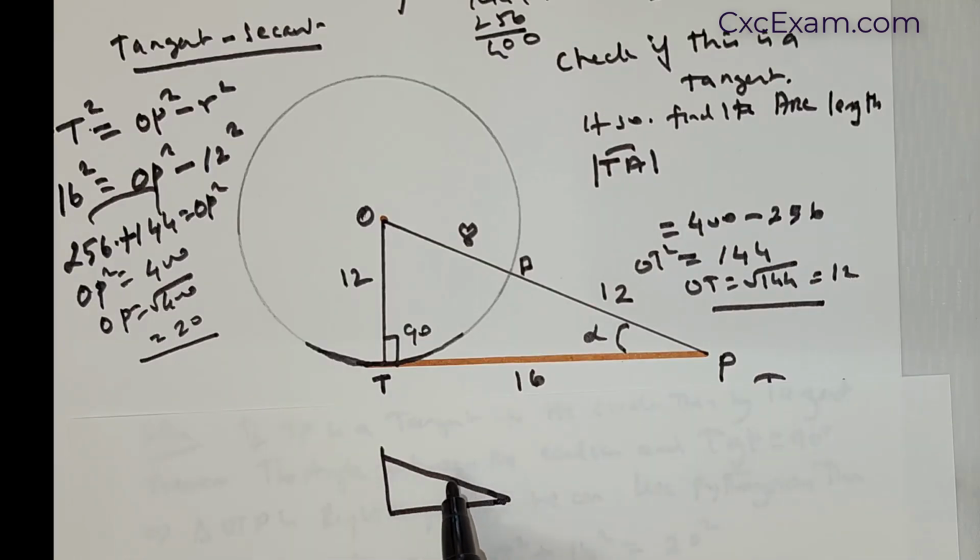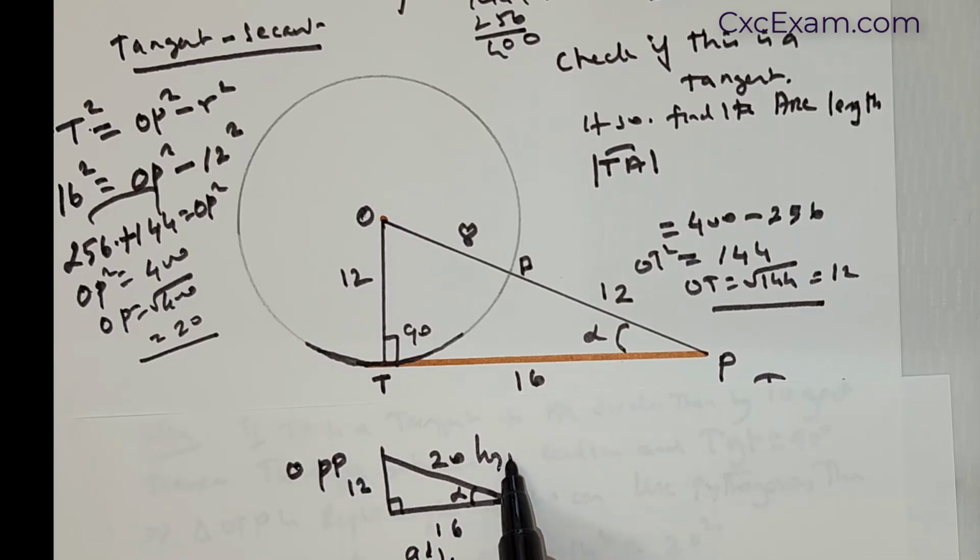At least we have just seen that. So this side is 12 units. So this angle I'm taking as alpha. This is 90 degrees. This distance is 16. And this entire length is 20 units. So the side opposite is going to be our opposite side. This is our adjacent side. This is our hypotenuse.